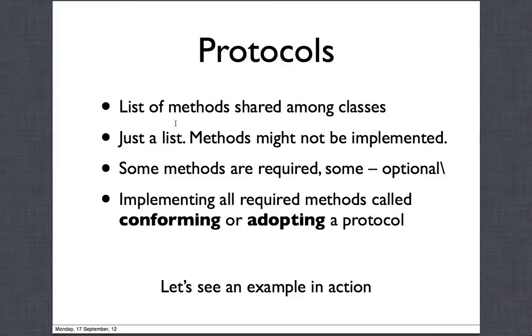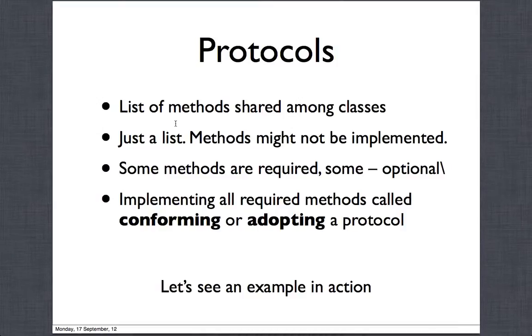And one of the ideas of having a protocol is you have written a protocol and other programmers are going to write classes. And if you want your classes, the class you've written and the class some other guy is going to write, to be compatible, to do sort of the same stuff, to maybe talk using the same language, is if both classes adopt or conform the same protocol, meaning they implement those methods in this protocol.